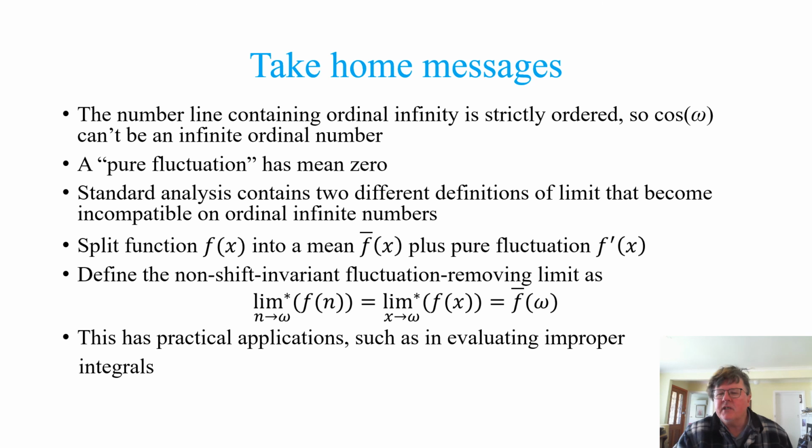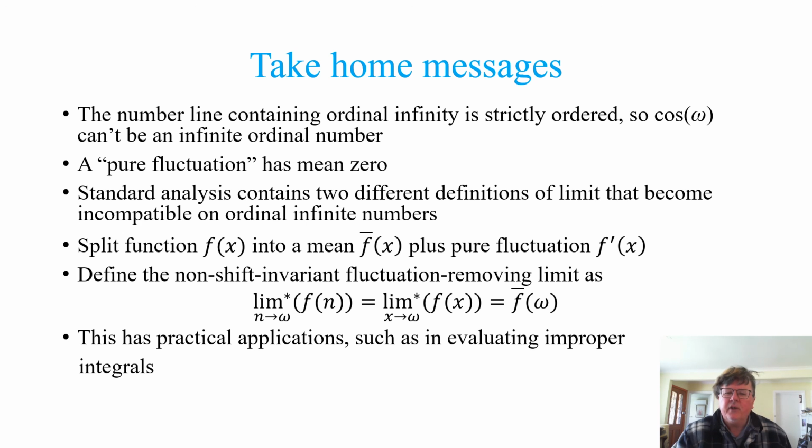Standard analysis contains two different definitions of limit that become incompatible when one moves up to ordinal infinite numbers. One of them is shift-invariant and the other is not shift-invariant.